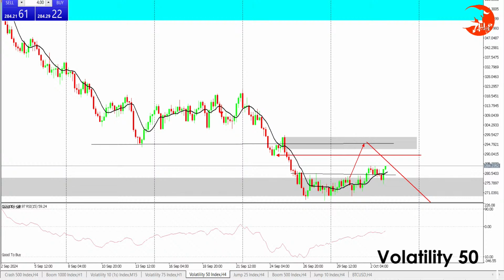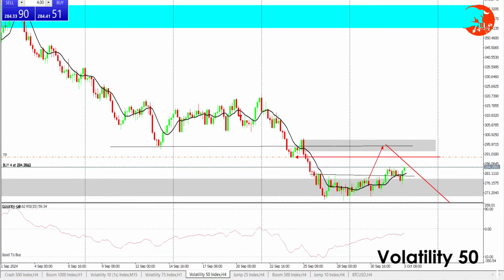So currently, in fact, I would enter my sells in my buys here. I don't want to wait because the retracement happened already. I will make my 3 entries and try to push my buys. But this is going to be a short one there, and another one will be around there.